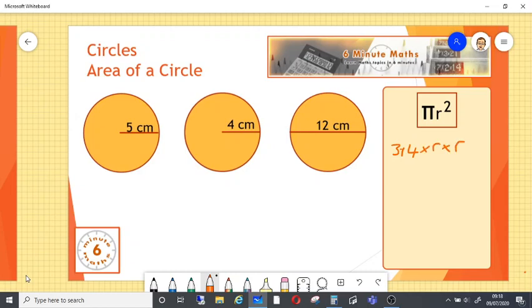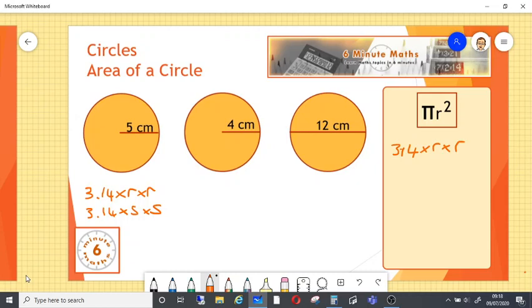So looking at this first example here, we've got a radius of 5 centimetres. So our formula to work out the area of this circle would be 3.14 times the radius, which is 3.14 times by 5 times by 5.